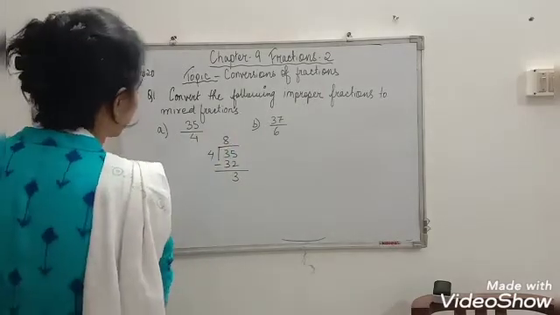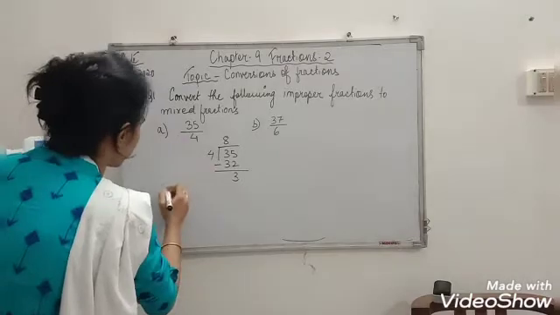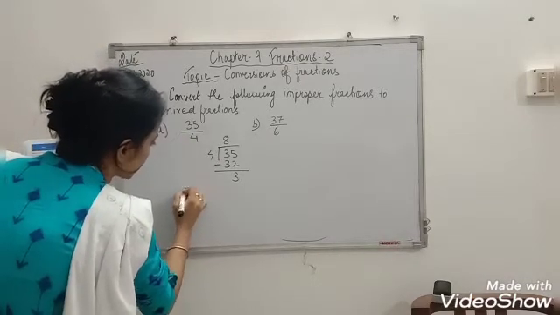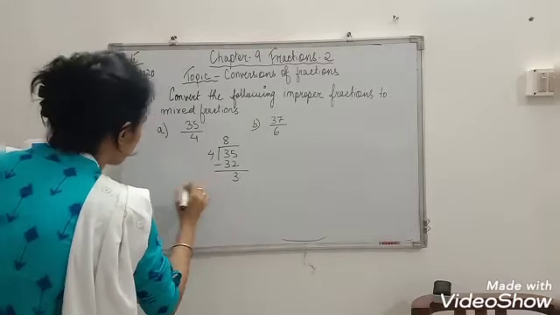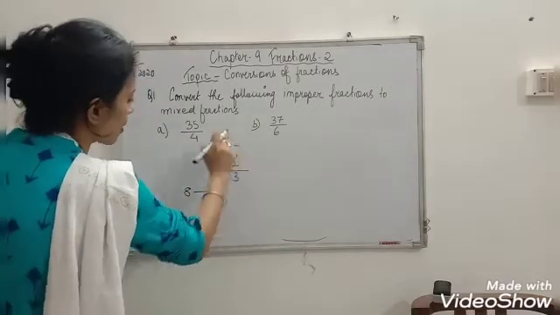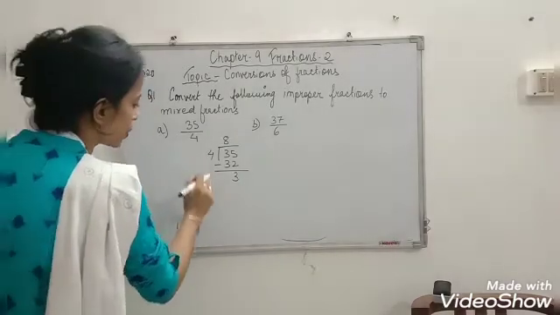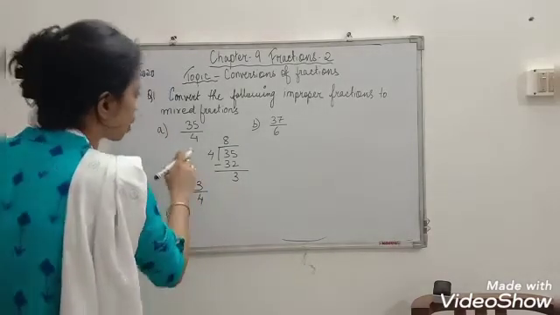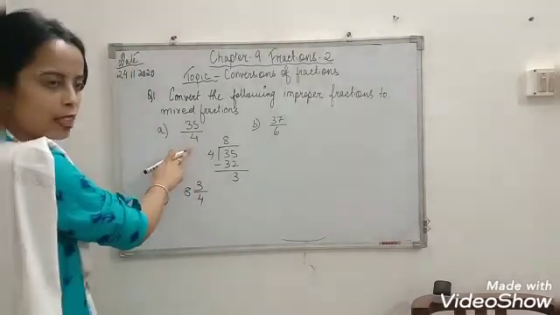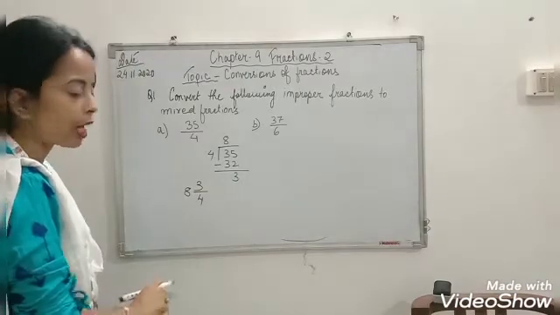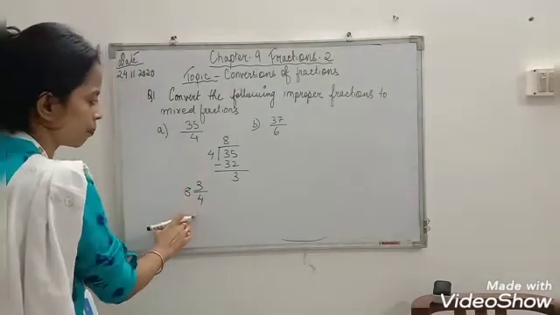Now, to make it a mixed fraction, what do we have to do? We write the quotient as the whole number, then the remainder as the numerator, and the divisor as the denominator, because whatever denominator is there, your denominator should be the same.